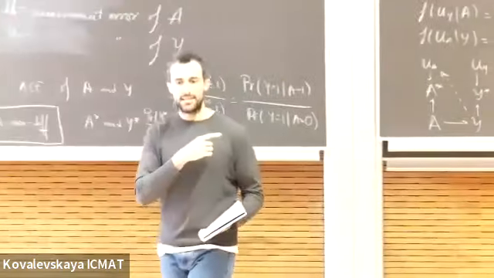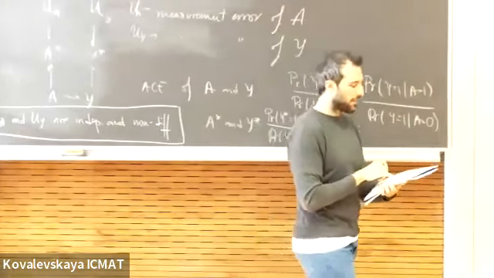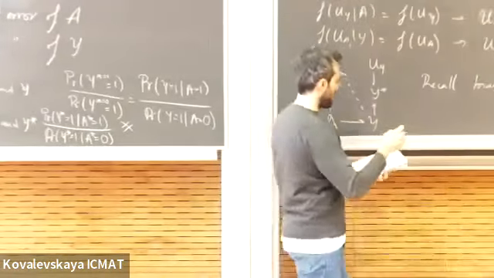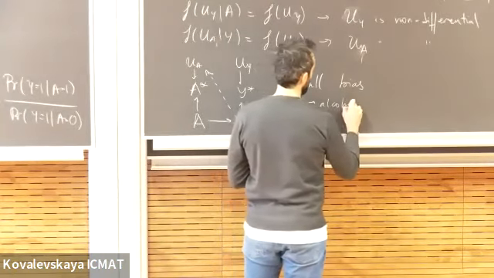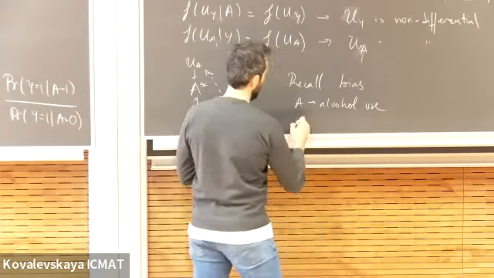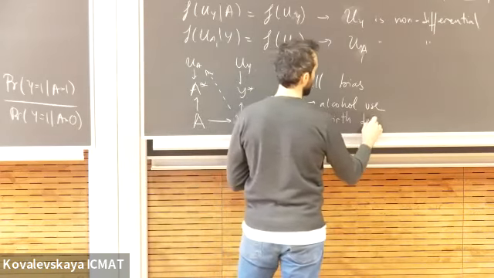And this is a very particular example of recall bias. They provide an example in which A is alcohol use and Y is a birth defect.